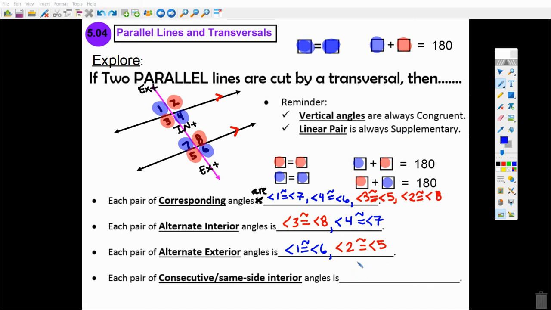So angle 4 and angle 8, and then we have angle 3 and angle 7 are supplementary.